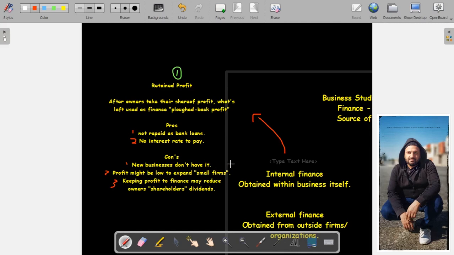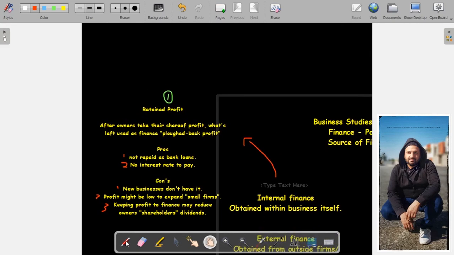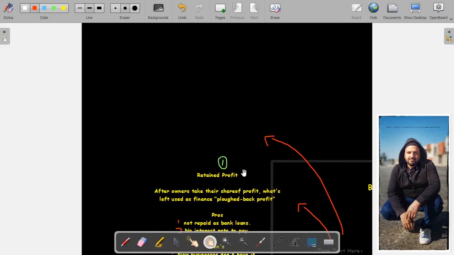Let's talk about the second type of internal finance. We're going to talk about something called the sale of existing assets.